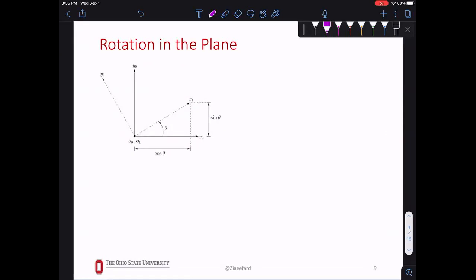So you want to project the new frame on both of the previous axes. So for x, I'm going to take 0 and 1. Looking at this arrow, I want to know the projection of the new frame on the old frame. We're trying to find the relationship, right?